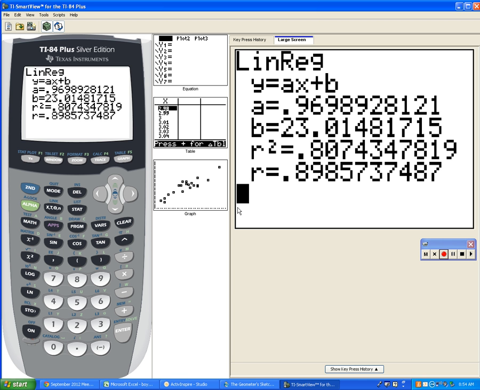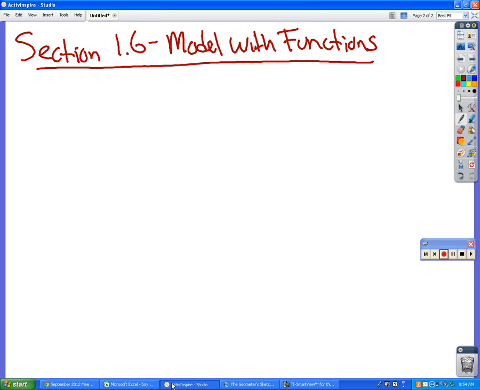So let's round this a little bit, let's simplify it. Keep yours up. Why don't you give me what a was to 2 decimal places? 0.96. Do we round up? Yes, 0.97, okay, so 0.97x plus, what's b, what's the y-intercept? 23.01. Okay, so there's the equation of the line that best fits that data.